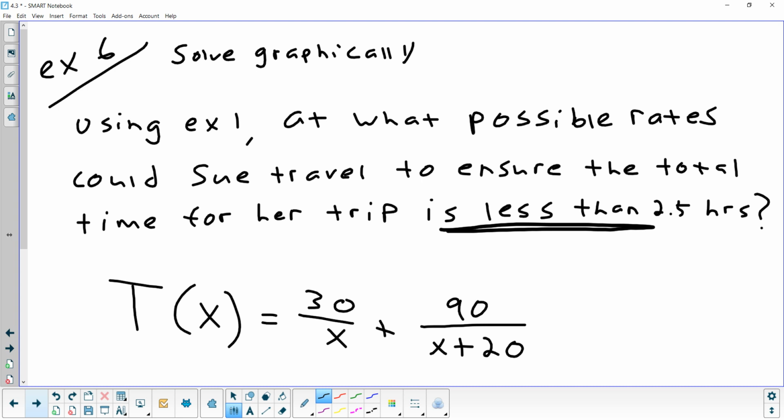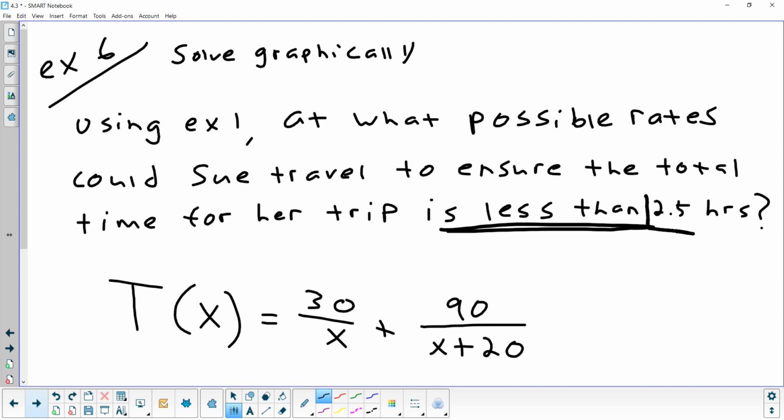Inequality. An inequality, and that's what this problem is. The answer here is not going to be the speed of the car equals a number. It's going to be an inequality because it says at what possible rate could Sue travel to make sure she completes the trip in less than 2.5 hours. Not exactly 2.5 hours, just less than 2.5.